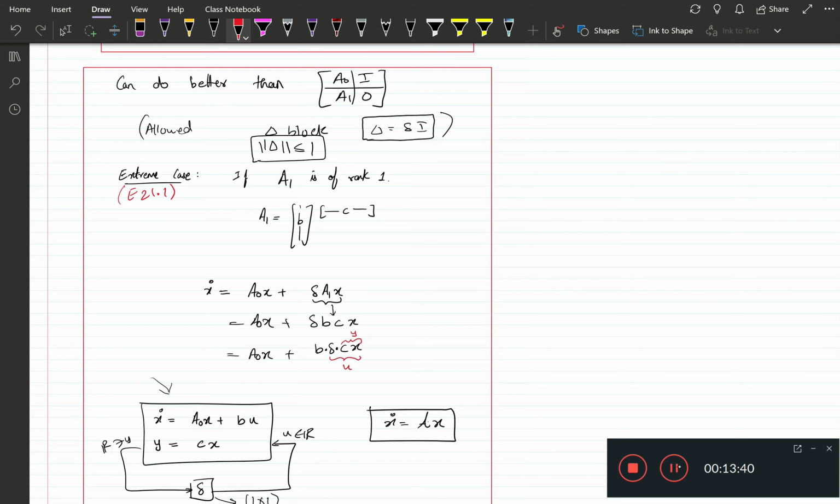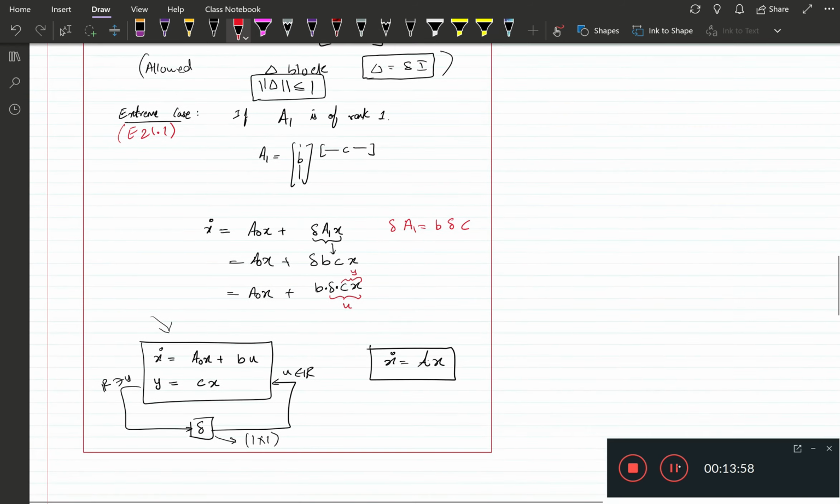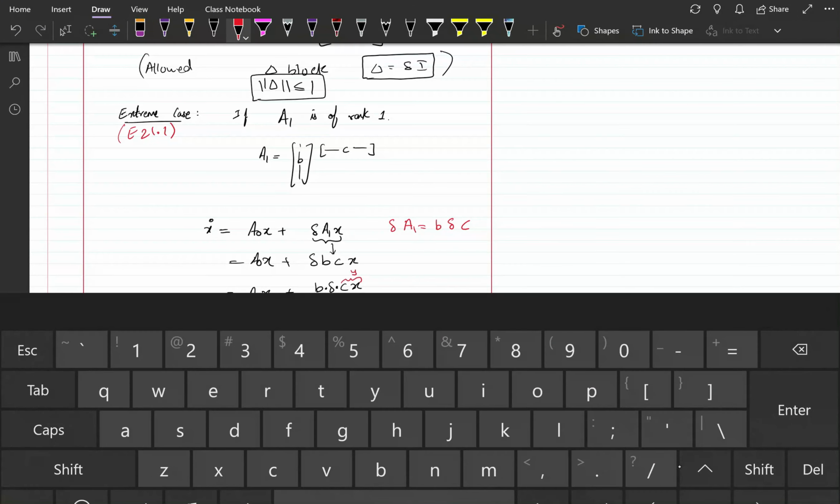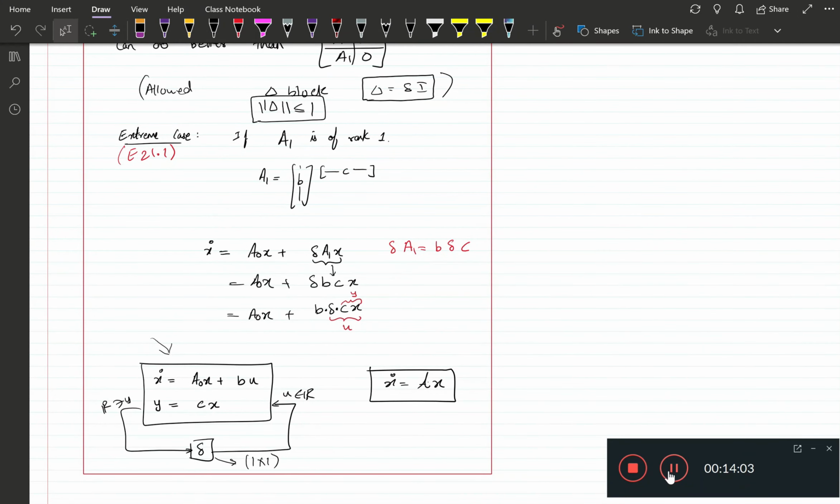So if A1 now is of rank 1, now we write delta A1 as B delta C because of this factorization of A1, and now our delta block is 1 by 1. And now we can use the small gain theorem again and say that if this block has an H infinity norm less than 1, our uncertain system is stable.